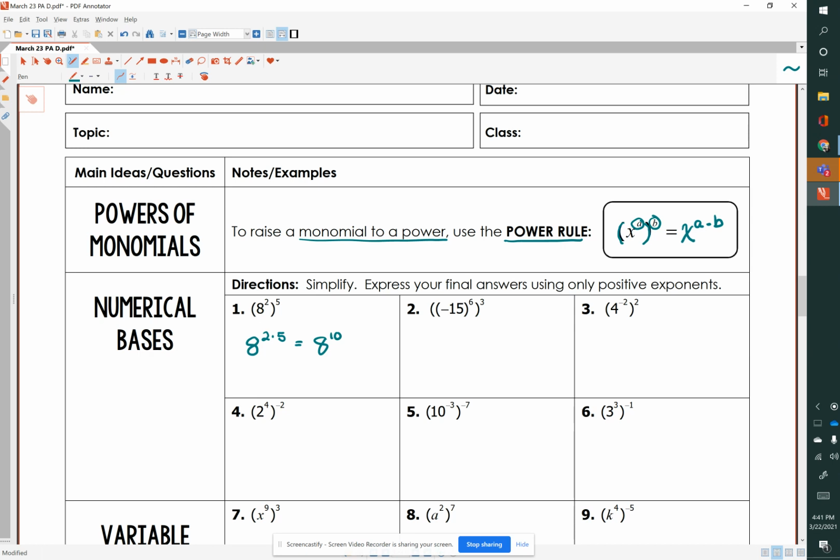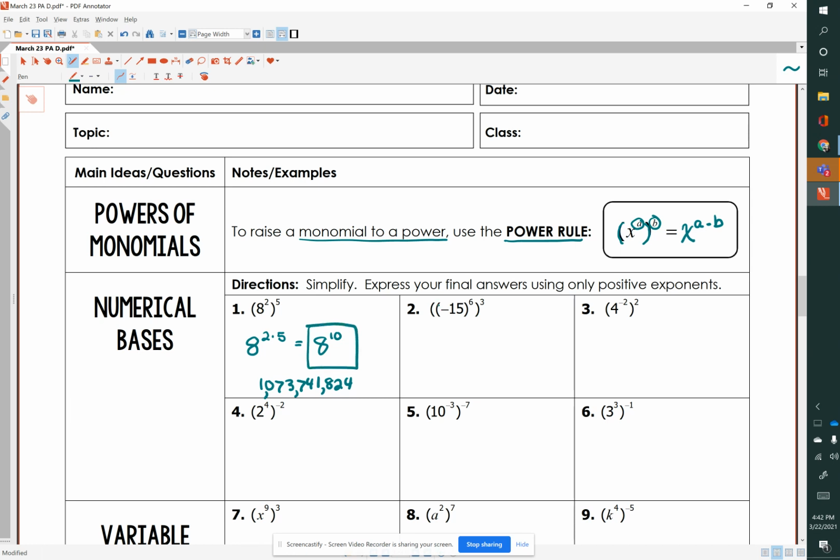Oh my gosh. It looks like it's over 1,073,741,824. These exponents really yield large numbers quickly.